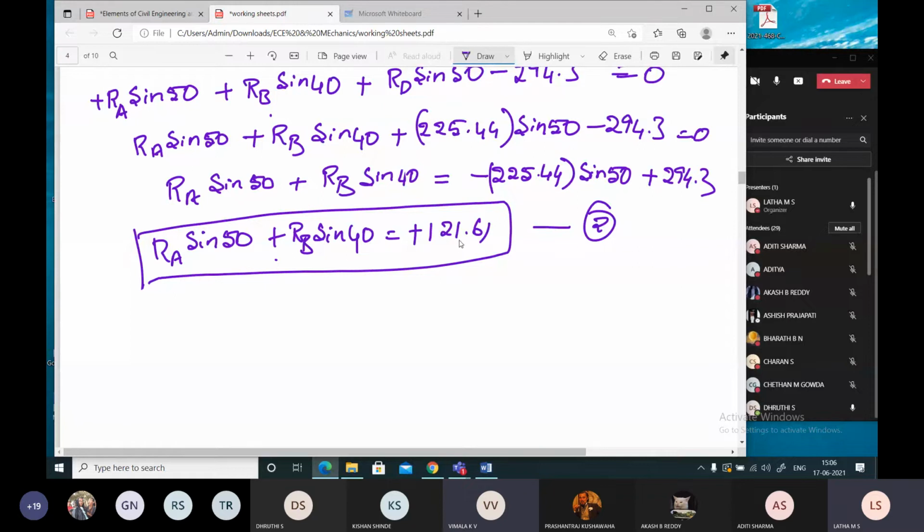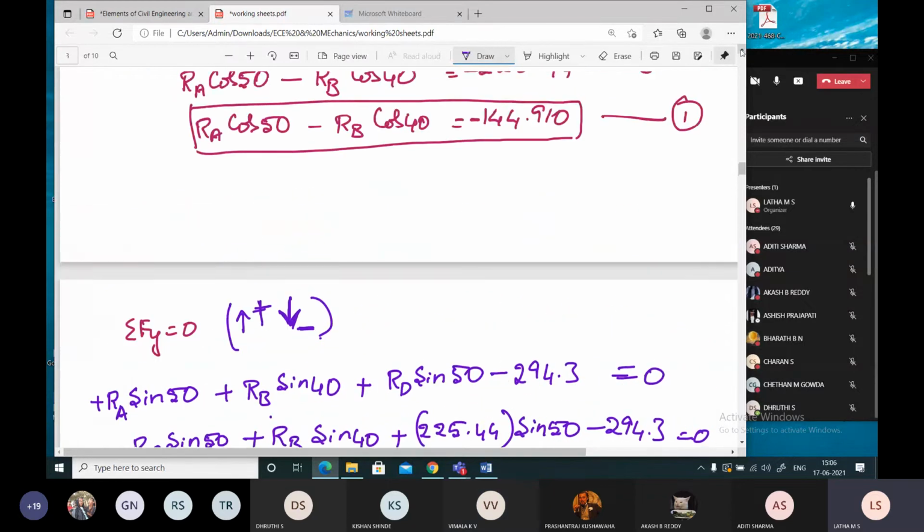Correct? Okay. Now I'll write equation 1 also.